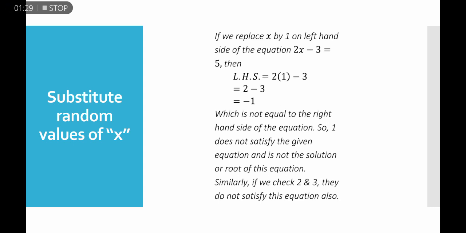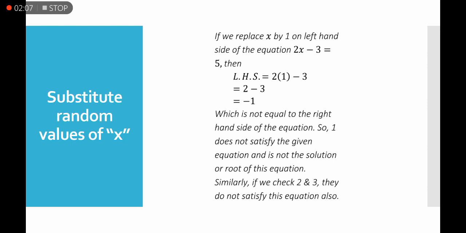If we replace x by 1 on left hand side of the equation 2x minus 3 is equal to 5, then left hand side becomes equal to 2 into 1 minus 3, that is equal to 2 minus 3, and that is minus 1, which is not equal to the right hand side of the equation. So 1 does not satisfy the given equation and is not the solution or root of this equation.